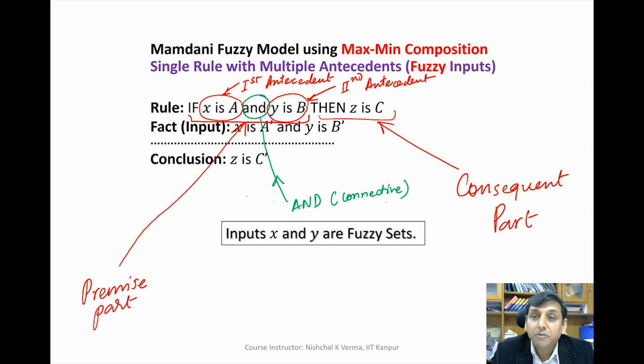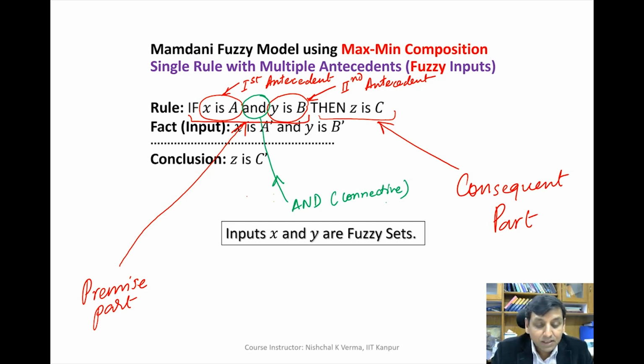So we have a Mamdani fuzzy model, which has a single rule but two antecedents under the multiple antecedent case. And here also we have the inputs, but the inputs are two because we have two antecedents. So x and y both are the inputs to the model. Now this x and y can be either crisp or fuzzy. We'll discuss both the cases.